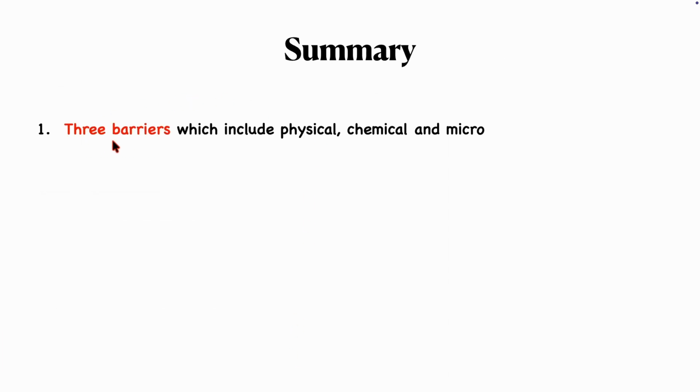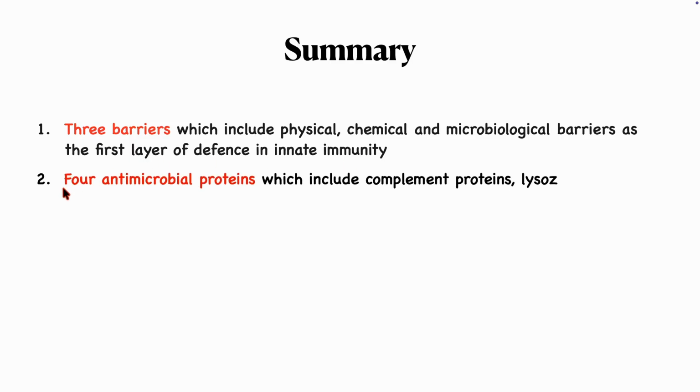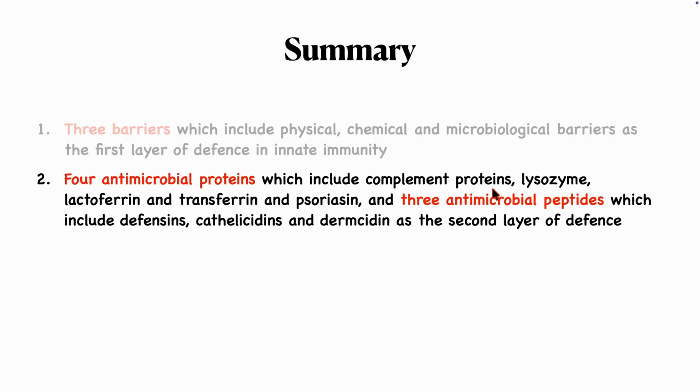So in summary, I have explained three barriers, which include physical, chemical and microbiological barriers, as the first layer of defense in innate immunity. Four antimicrobial proteins, which include complement proteins, lysozyme, lactoferrin, transferrin and psoriasin, and three antimicrobial peptides, which include defensins, cathelicidins and dermcidin, as a second layer of defense.